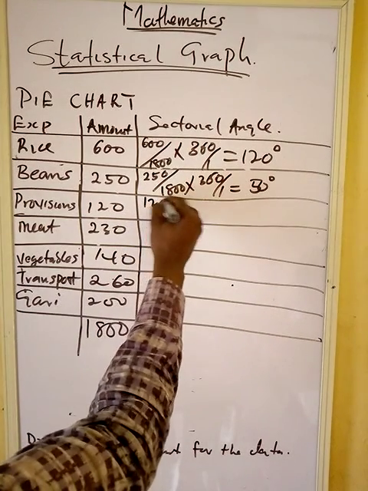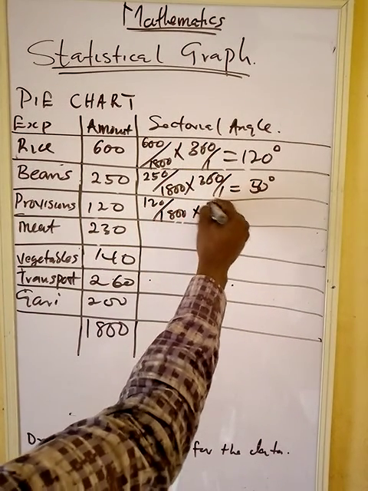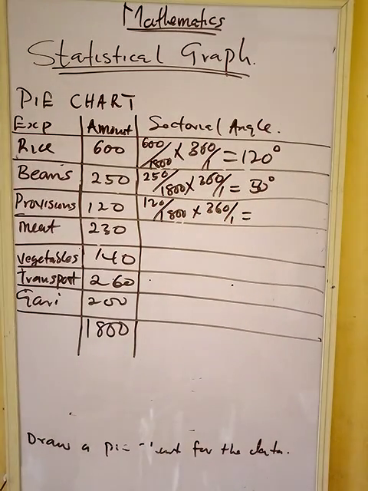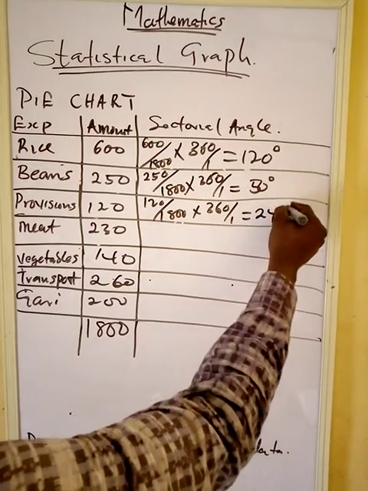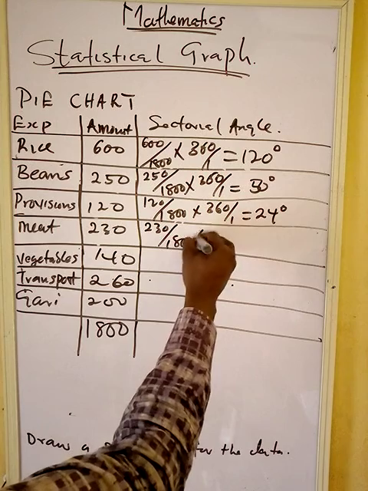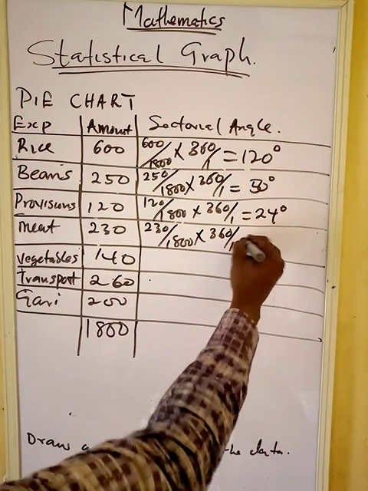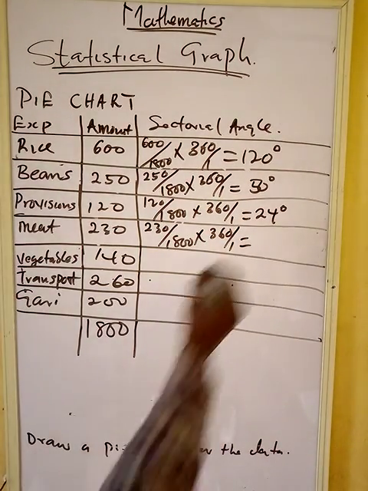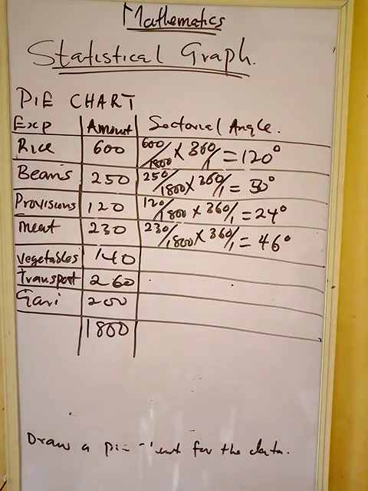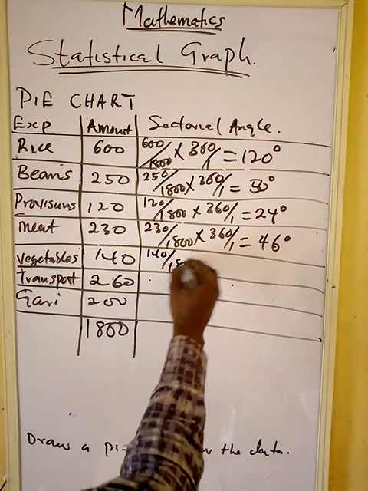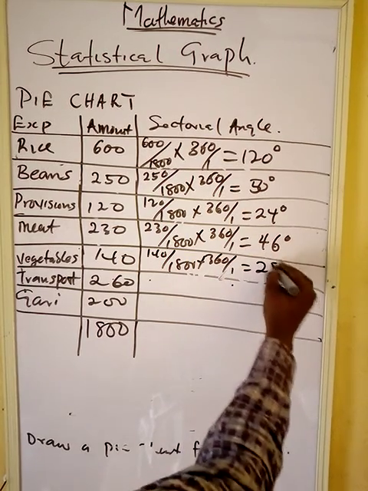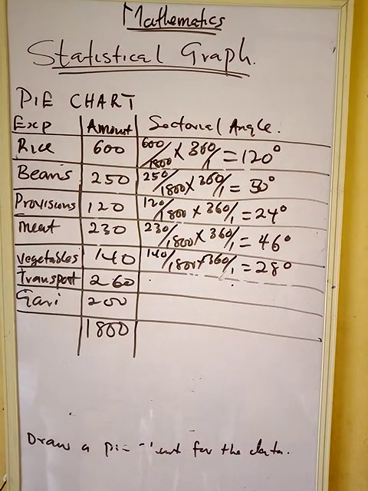Then 120 over 1,800 times 360 over 1 will give us 24 degree. Then the next one is 230 over 1,800 times 360 over 1, which gives us 46 degree. The next one is 140 over 1,800 times 360 over 1, which gives us 28 degree.